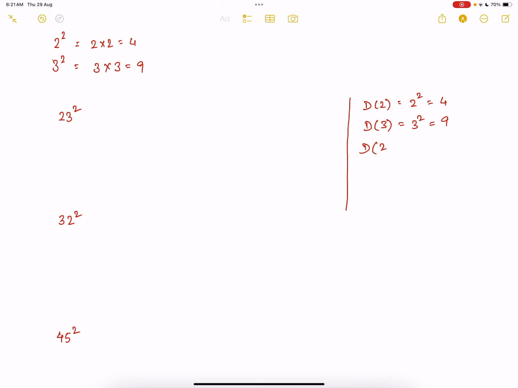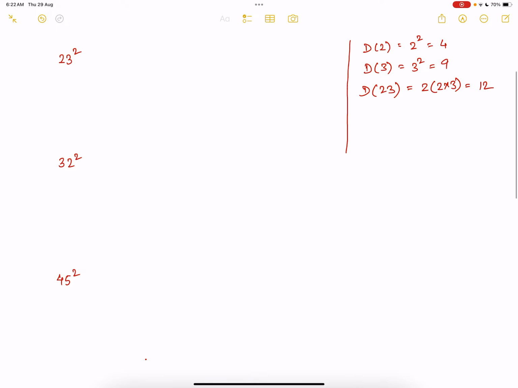Duplex of 23, a two-digit number, is 2 into 2 into 3, which is equal to 12. Now we understand this. So 23 square.